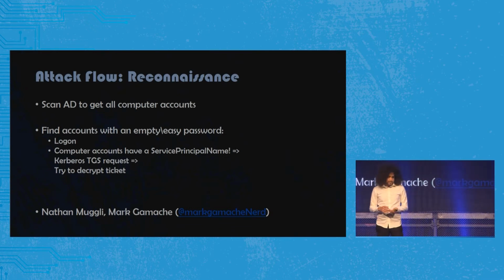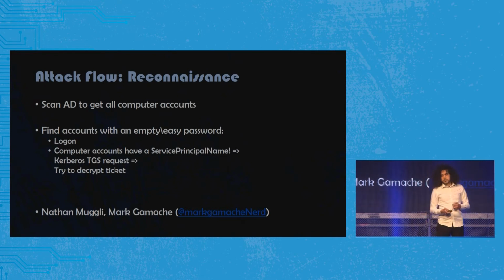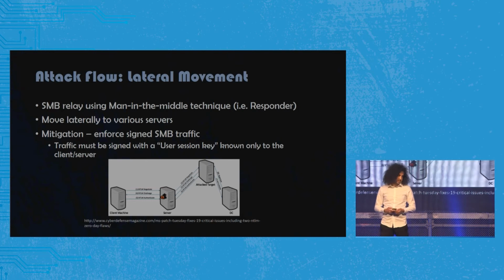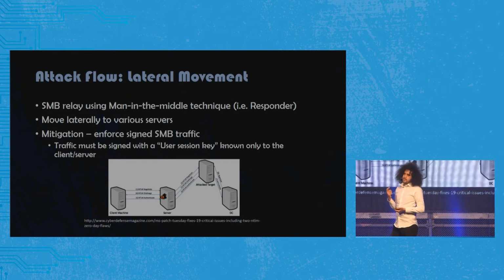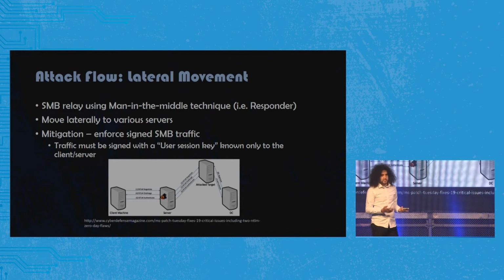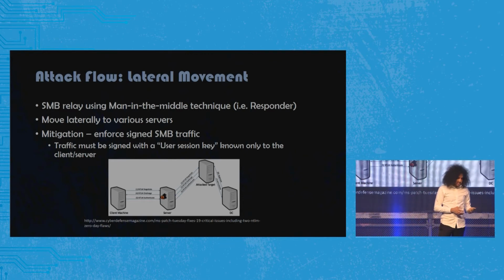Eventually, once the attackers have obtained at least one computer account, they can move forward to the next phase, which is the lateral movement phase. In the lateral movement phase, the attacker's goal would be to move laterally between different servers until they get the highest privileges they can get in this domain, which means domain admin privileges.